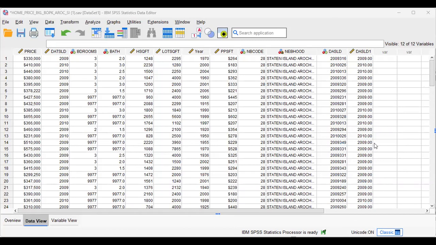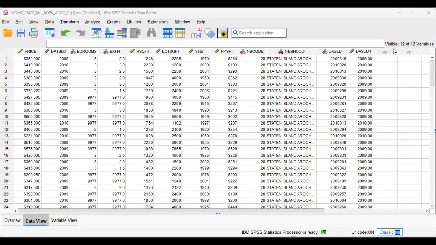Now, this is a model of houses and their prices. I'm going to do a multiple regression model of the price of a house as a function of the size of the house and also the age of the house.